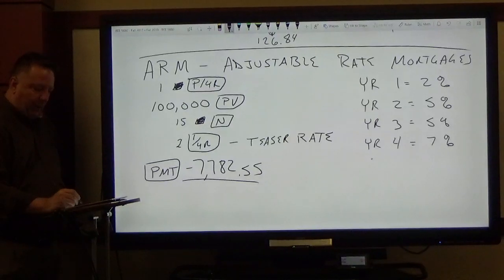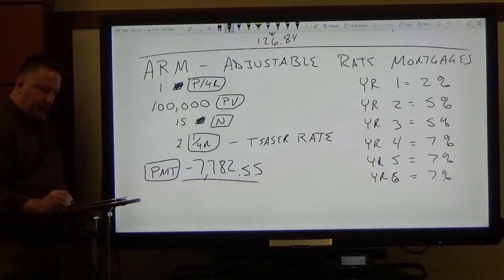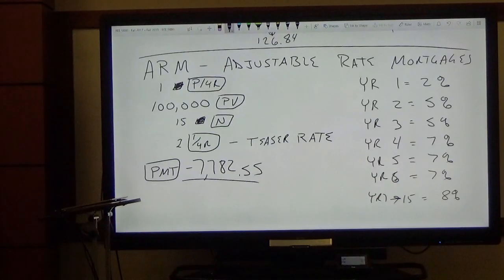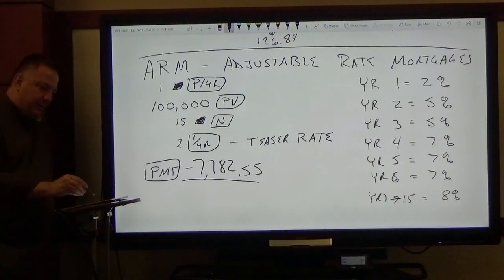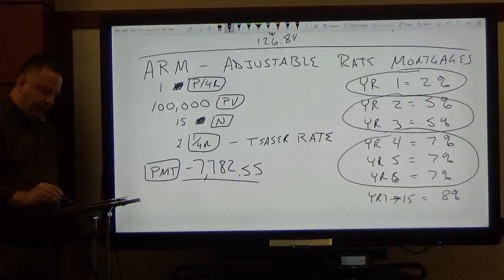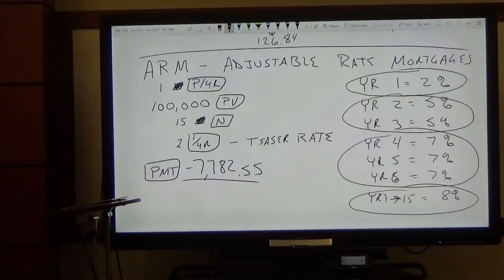And then it stays that way for years 5 and 6. And then year 7, all the way to 15, let's say it goes to 8%. Okay? So basically we've got 1, 2, 3, 4 different interest rates that are going to be applied to this loan. Okay? Be a lot of calculations.